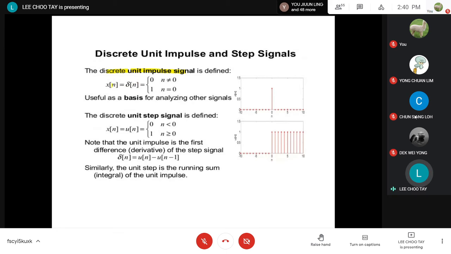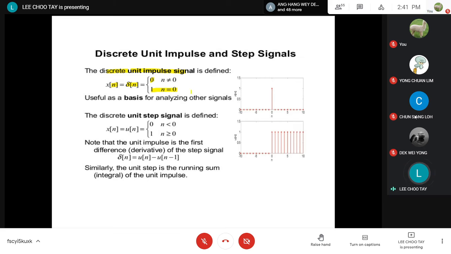Because this is discrete, we write it in n. x[n] equals delta[n], and the value is 1 only when n is equal to 0. This is a very important definition for the discrete unit impulse signal. For any other value of n which is not zero, the magnitude of delta[n] is 0.